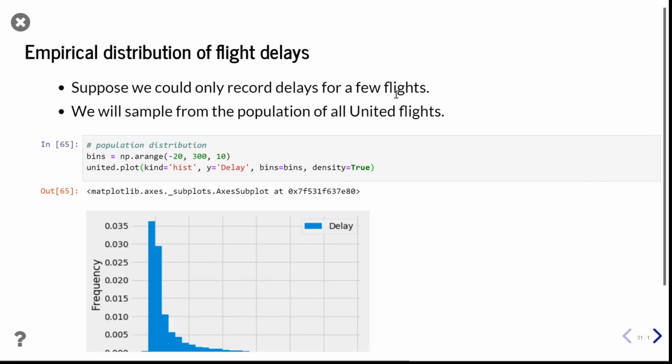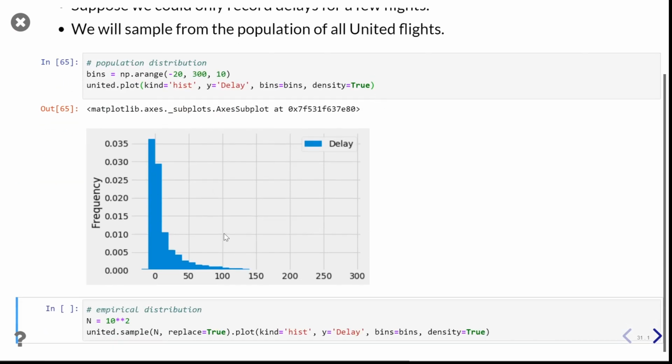Okay, so this was the population. This is what United sees when they look at all of their data. Now let's take a random sample. This is us going to the airport, randomly selecting maybe 100 flights. And then let's plot what we see. Let's plot our distribution of the flight delays. Think about what you expect to see.